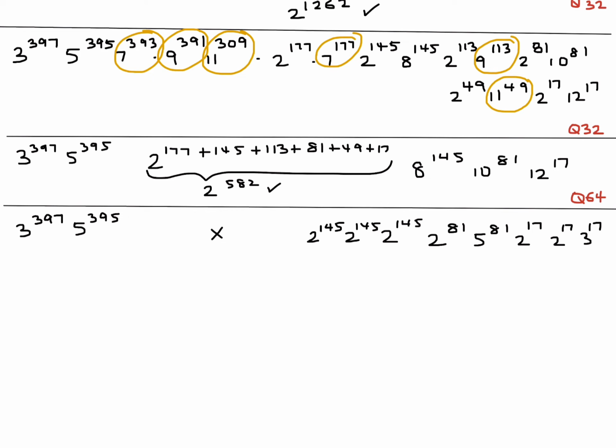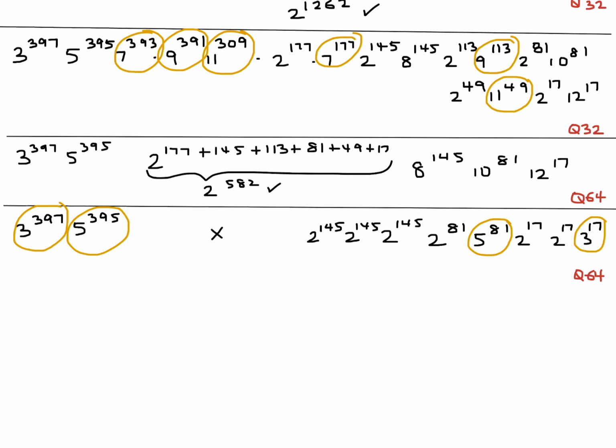And this is a big multiplication. And what are we at now? Q64, I think, still? Yeah. Okay, let's do this. So, the combination finally, the 3 combines with that to give an even. Then 395 will combine with that to give an even. 395 plus 81 will give you an even.